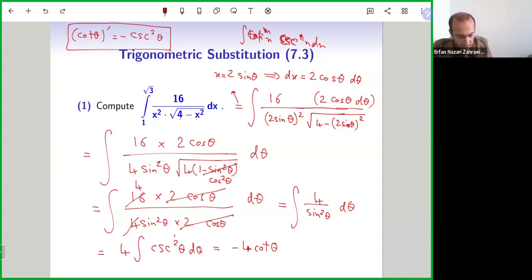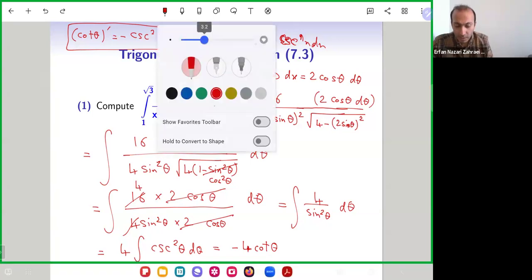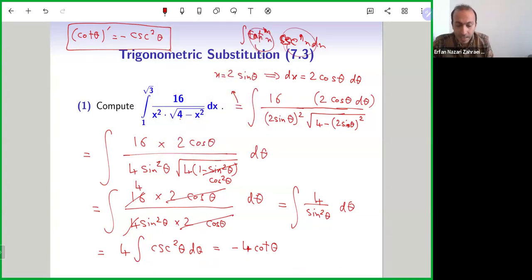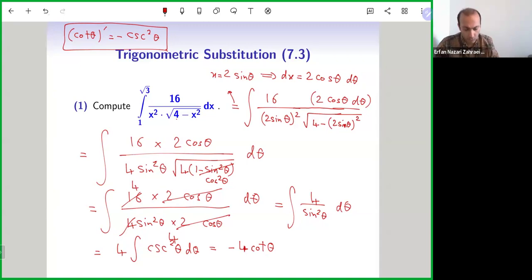But if this was cosecant to the fourth, then you could still compute it using this idea of how we integrate exponents of tangent and secant, translated into cotangent and cosecant. So have it in your mind that any exponent of cotangent and cosecant has a similar strategy to secant and tangent. For this one, I didn't need any strategy. It was just the derivative of cotangent. But if this was harder, like larger exponents, then you would need those strategies to solve it.